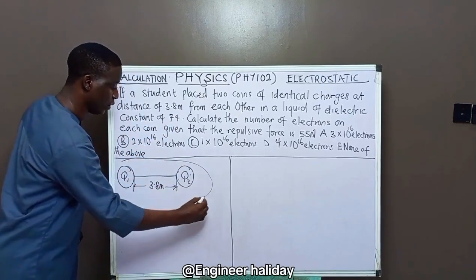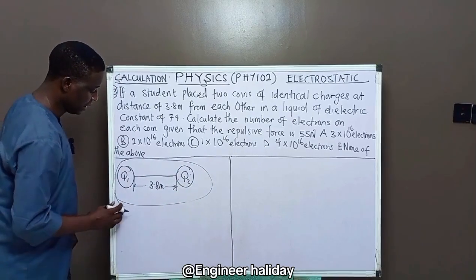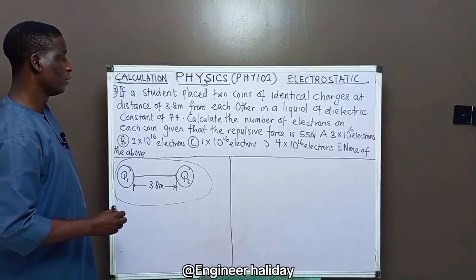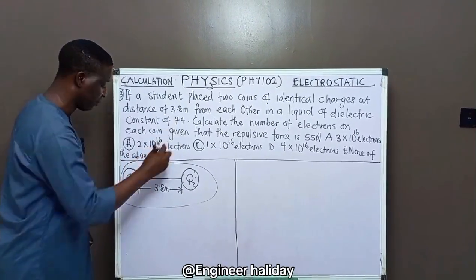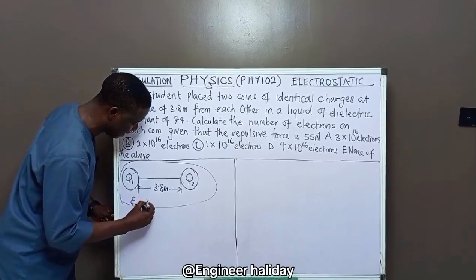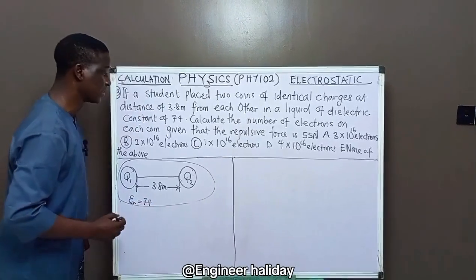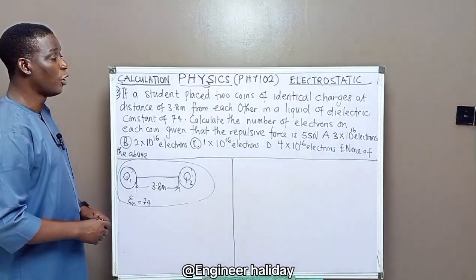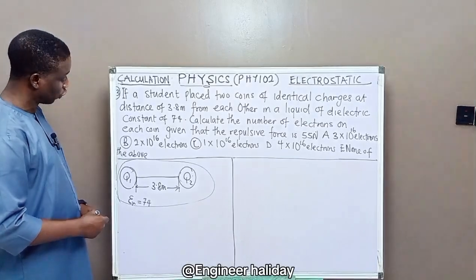Let's say this is a liquid, in a liquid of dielectric constant 74. That means dielectric constant can also be called relative permittivity, 74. Now, calculate the number of electrons on each coin.